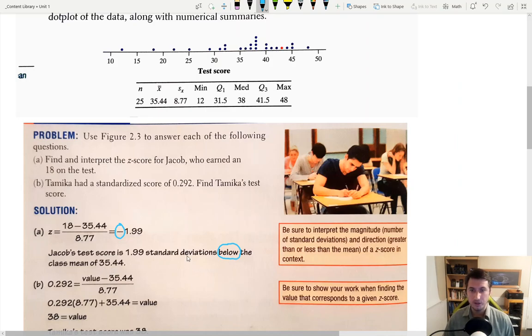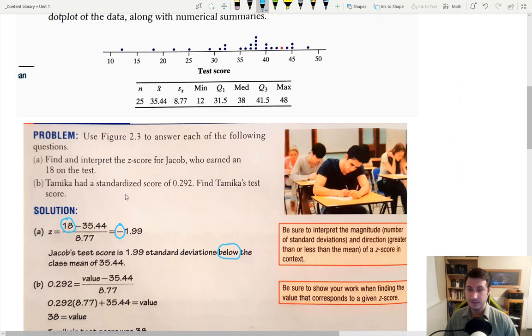Hopefully that makes sense. If their test score is above average, then the numerator is going to be positive. If their test score is below the average, then this subtraction problem will be a negative result, and then your whole fraction is negative.